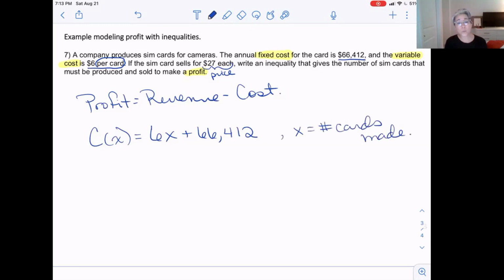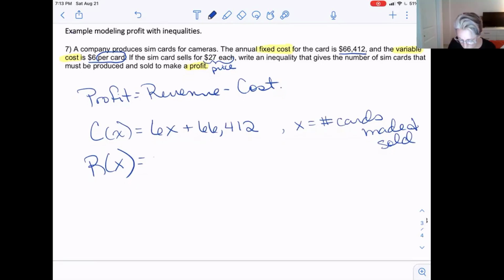But now we have to come up with a revenue function in order to subtract the two and determine the profit. Revenue, remember, is how much money is coming in, so we need to know the price. Well, the revenue function for the number of cards made, and we should say and sold, would be the price of $27 times x. Now, it says to write an inequality.